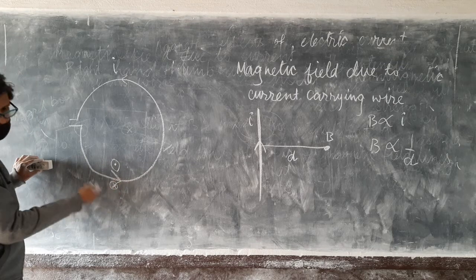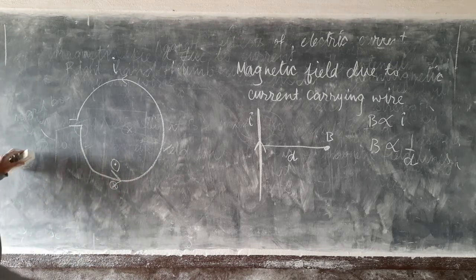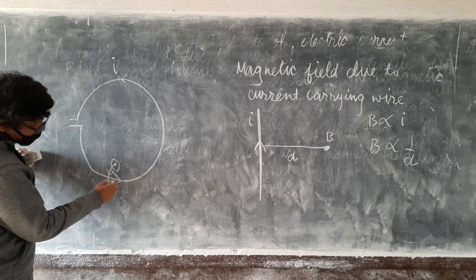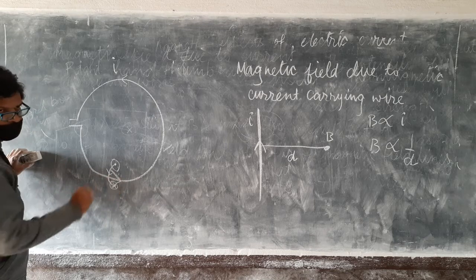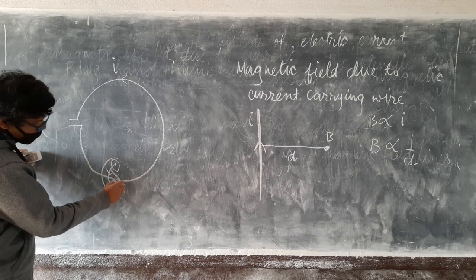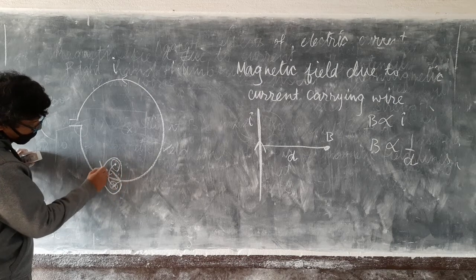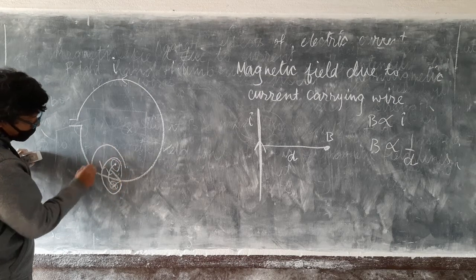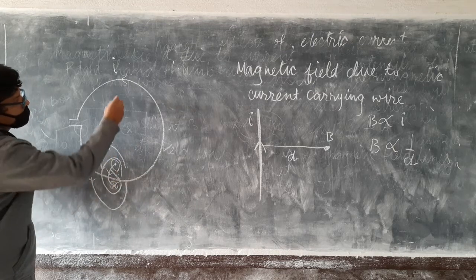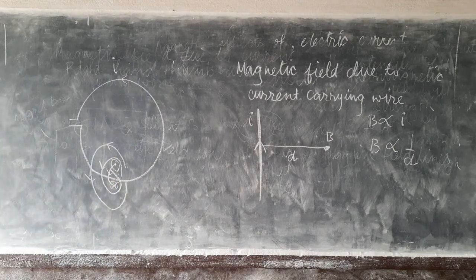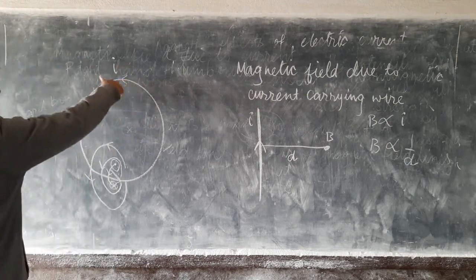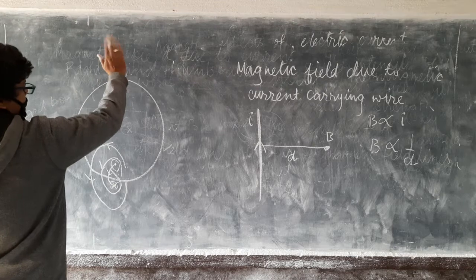If you want to draw the magnetic field line, it is like this. It is going inside, which is not visible. Here also, if you apply the right hand thumb rule, it is coming out, and in this region it is going inside.